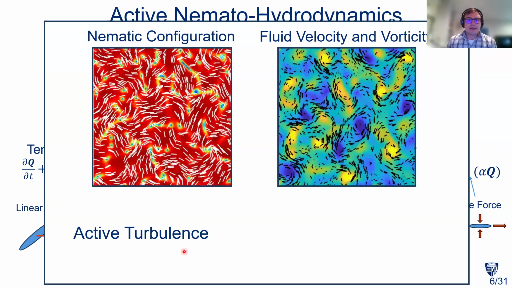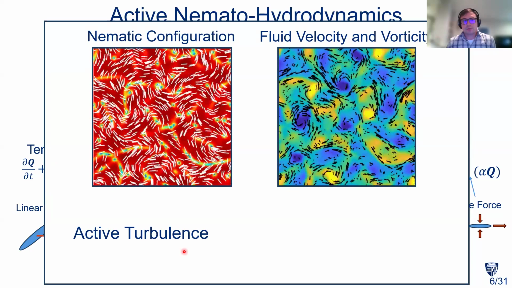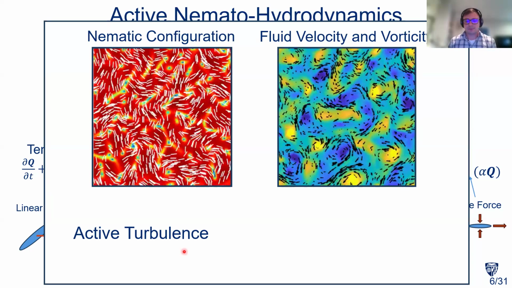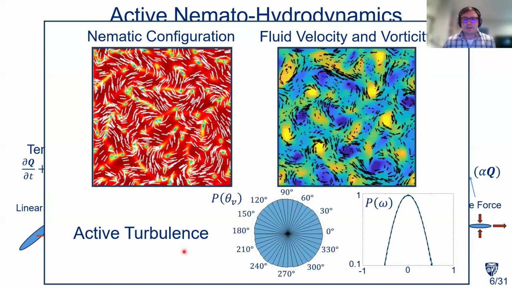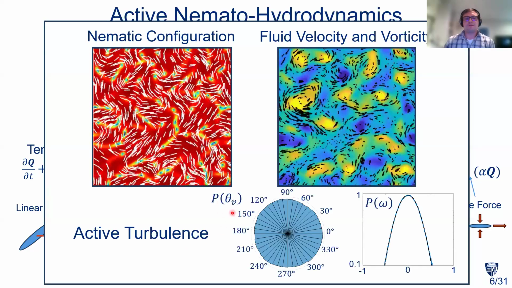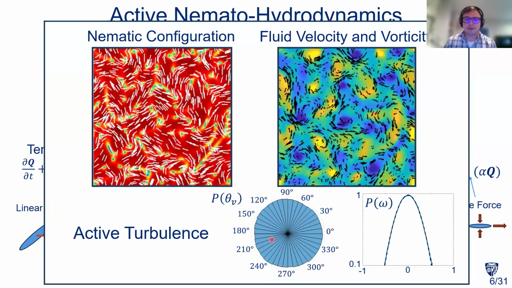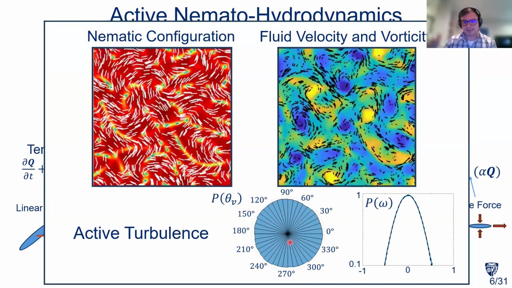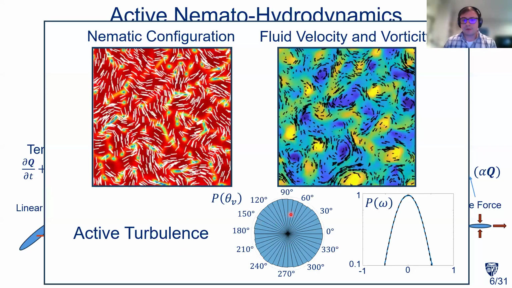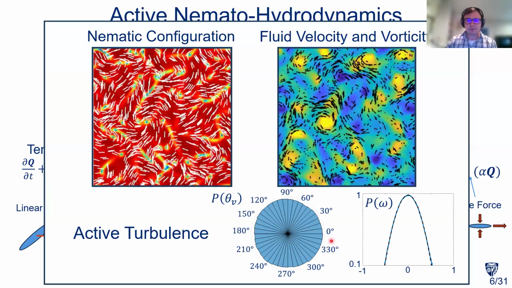Now, it looks very chaotic, but it actually has some nice statistical properties that I'll want to compare to in a second. So just to introduce those here, the distribution of velocity directions is isotropic. So you can see here it doesn't pick a particular direction, which makes sense.